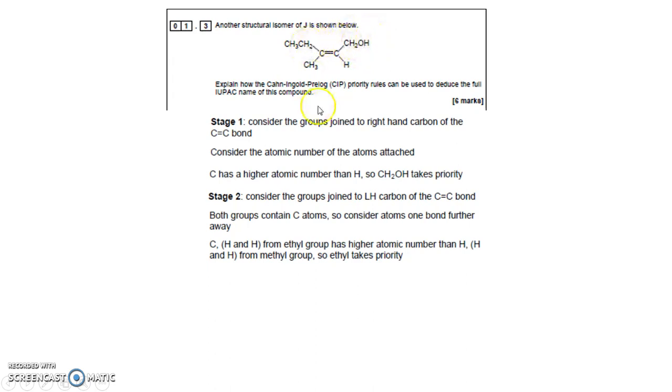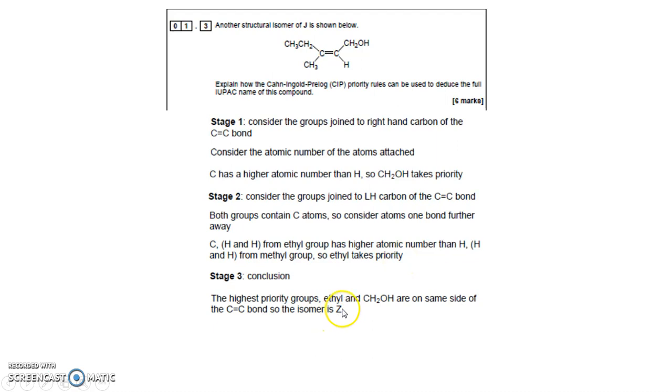We put a ring around that, and then we see which 2 groups have taken priority. We've highlighted these 2. They're on the same side. They're both on the top of the double bond. They could be on the bottom of the double bond. They're on the same side of the double bond, and therefore it's a Z isomer.